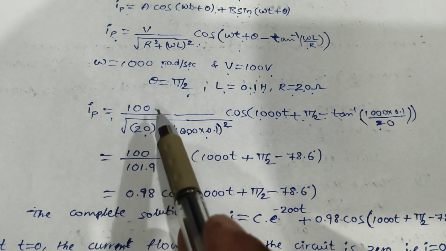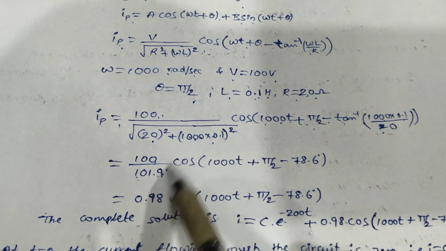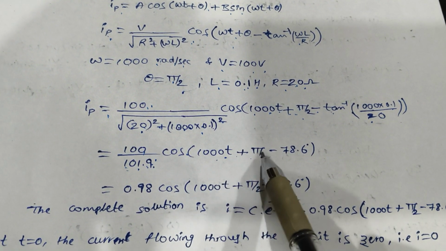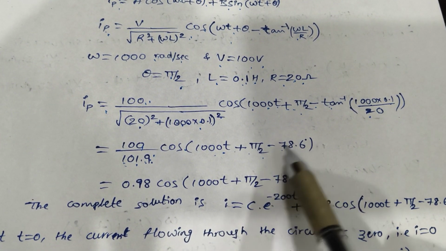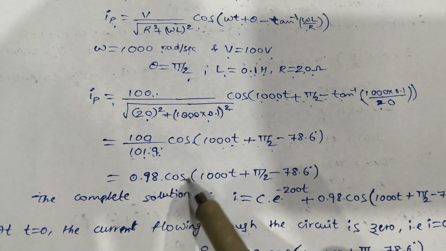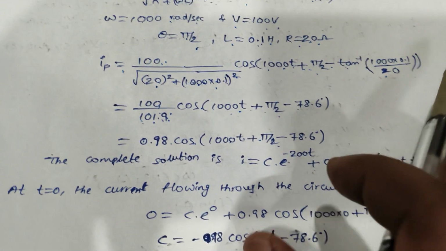By simplifying, I'll get 100 by 101.9. The square root gives 101.9, cos(1000 t + π/2 minus 78.6 degrees). Simplifying further, i_p is 0.98 cos(1000 t + π/2 minus 78.6).